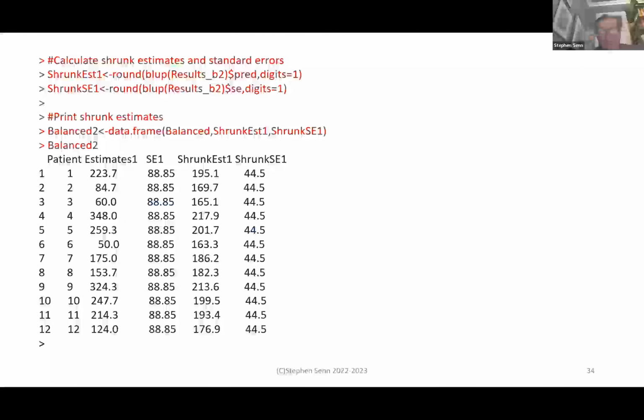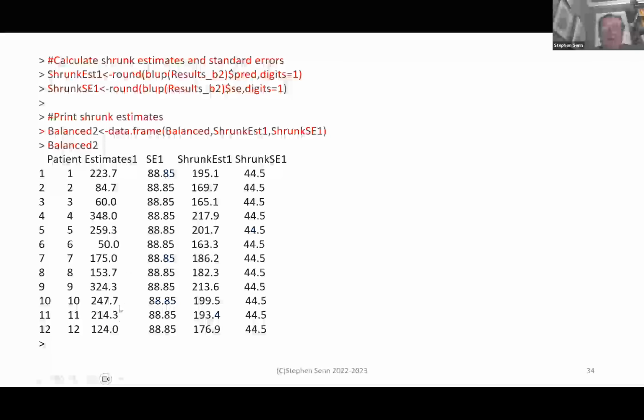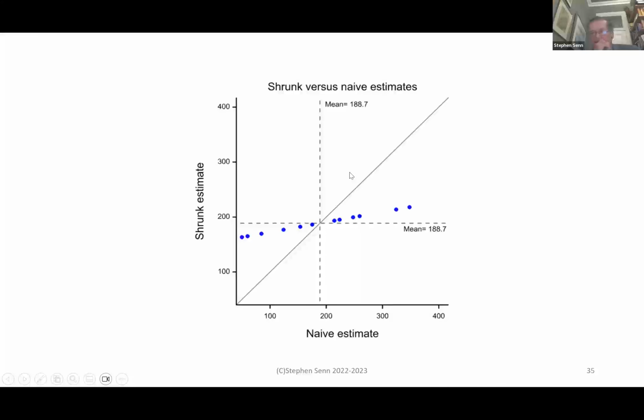The important thing here, the bit I wanted to get to, is that it actually produces some so-called shrunk estimates for us. It starts with the data estimate for that particular patient and the standard error. And then from that, it shrinks these values towards the overall mean. So you'll see I've got a plot of the thing here.